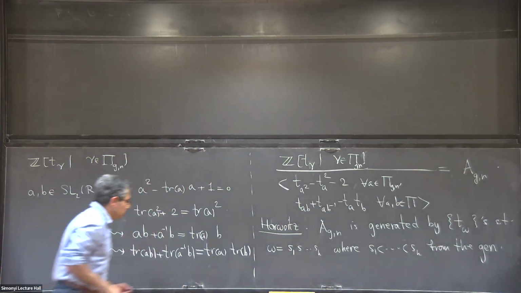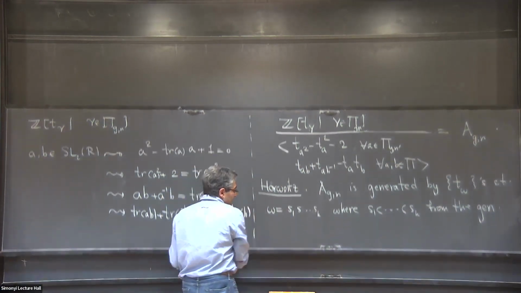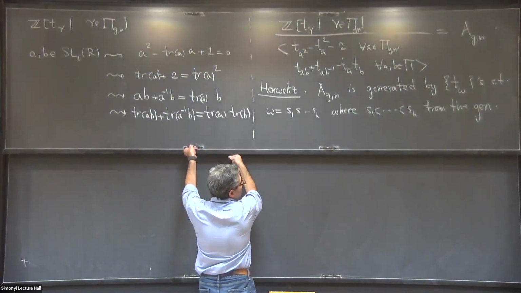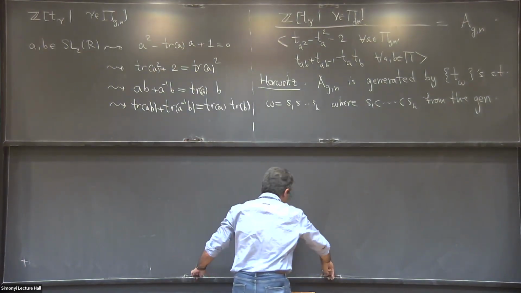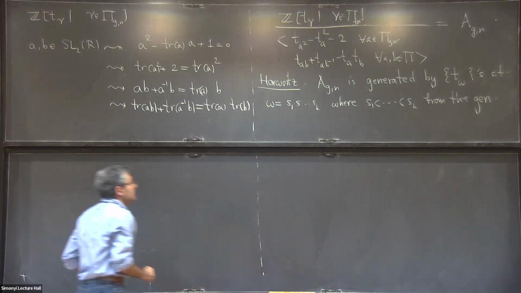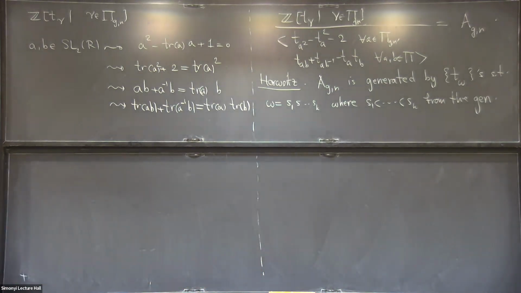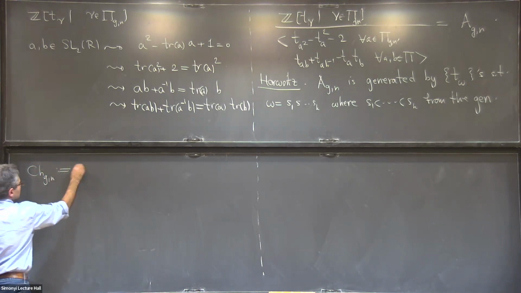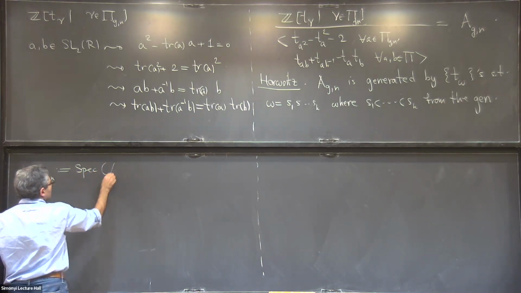So then we are going to talk about the spec of this ring, and we are going to call that one the character variety, the SL2 character variety of the surface. So the character variety of the surface is the spec of this ring.